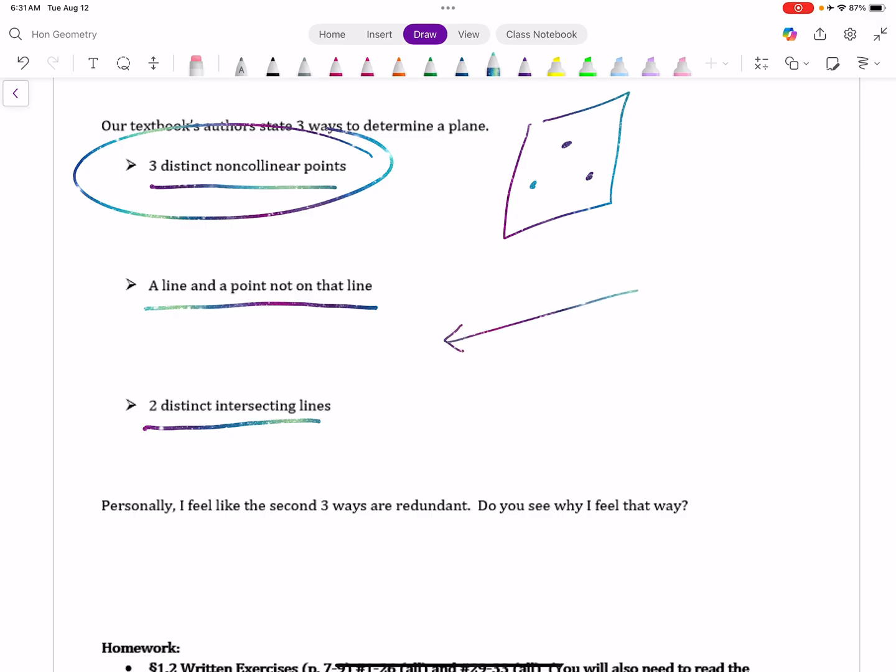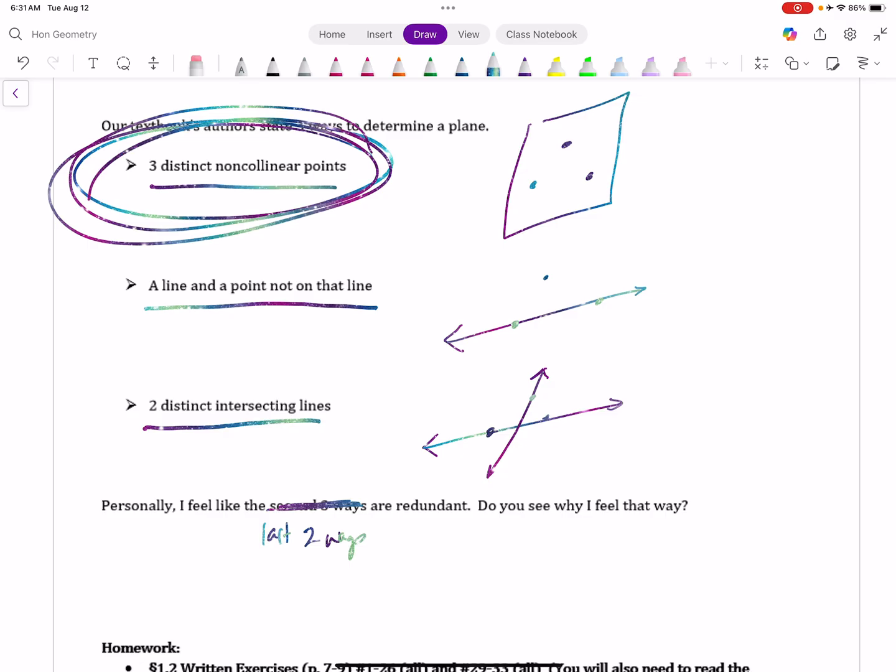A line and a point not on the line, that's 3 non-collinear points. 2 distinct intersecting lines, I can find 3 non-collinear points. So this takes care of it. We're good. Find me 3 distinct non-collinear points. We've determined ourselves a plane.